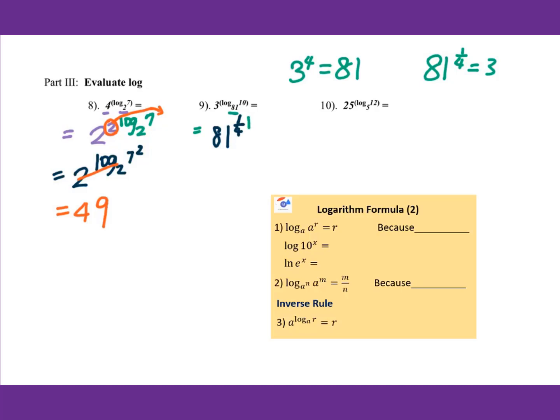Then I do log base 81 of 10. 1 over 4 jump as exponent. You will get 81 to the log base 81 of 10 to the 1 over fourth power. This is gone, so we got fourth root of 10.